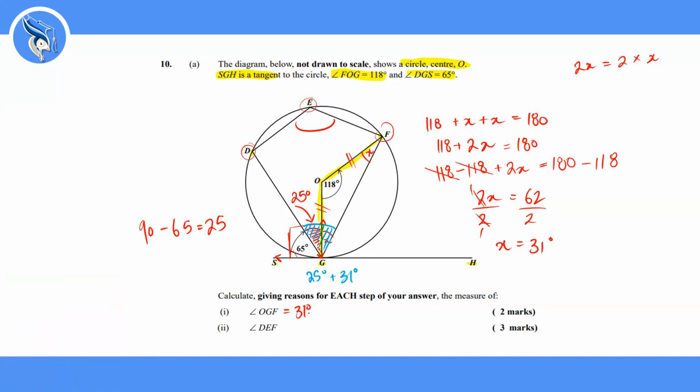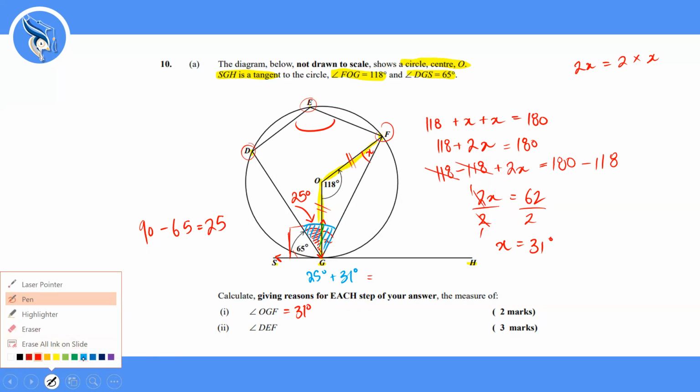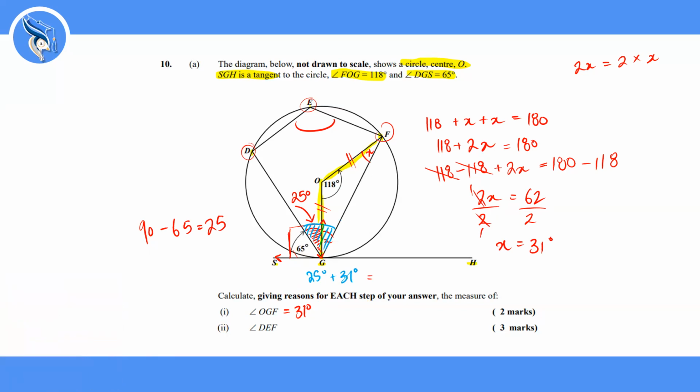This is 31. So 25 plus 31 is equal to what? 56 degrees.